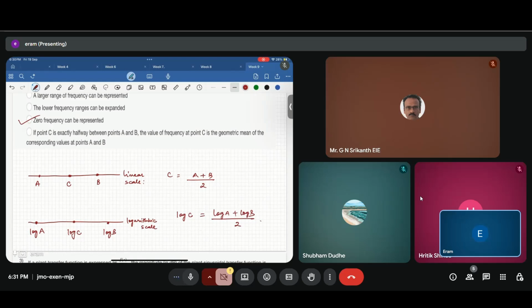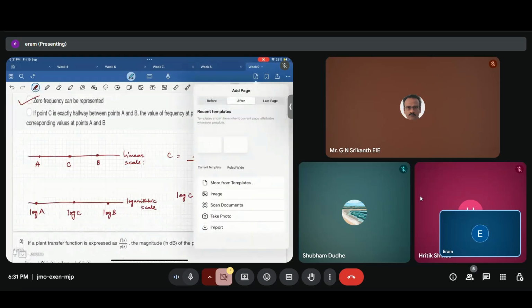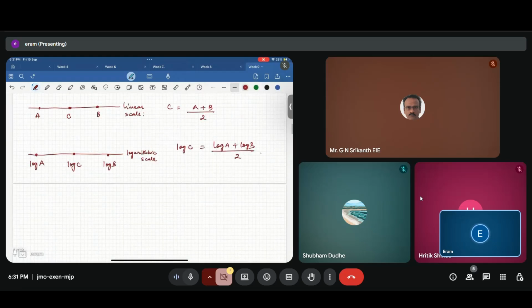Then we have to find the relation between A, B, C. Now take log both sides. Log C can be written as log A plus log B by 2. Can we write it like this?